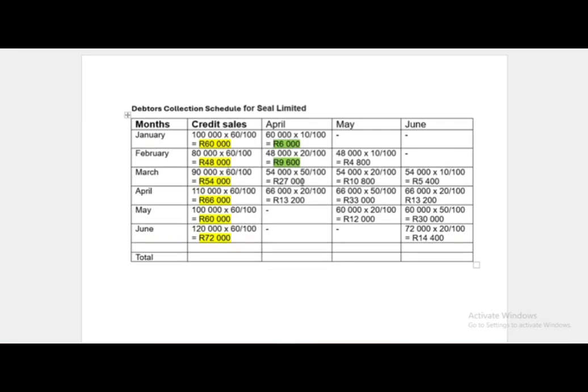And then we add 27,000. We're also going to add 13,200. So let's put it on the calculator quickly. 6,000 plus 9,600 plus 27,000 plus 13,200.